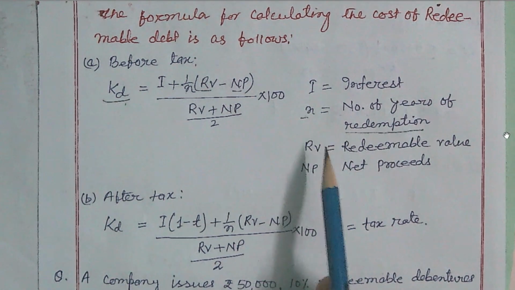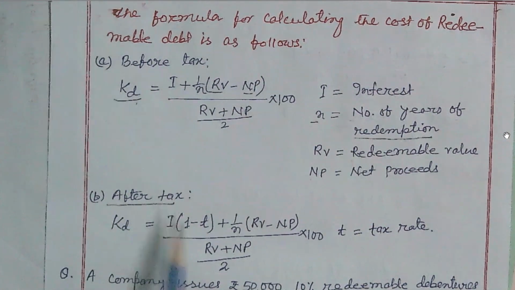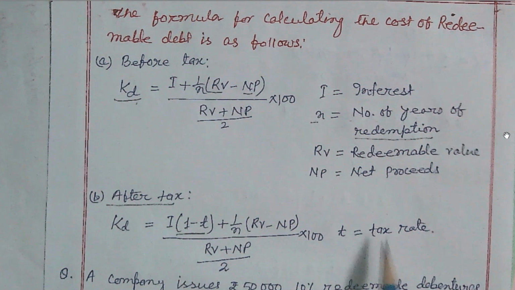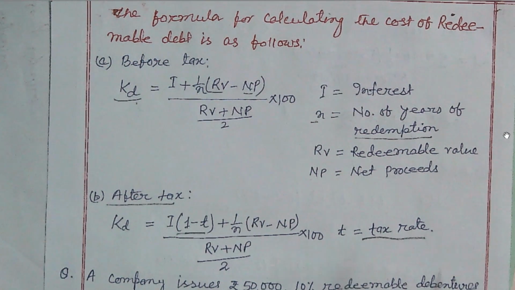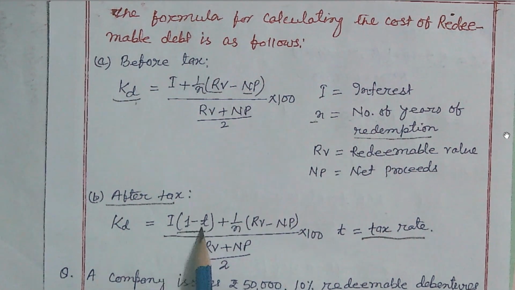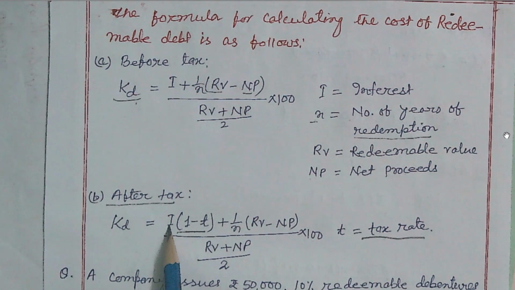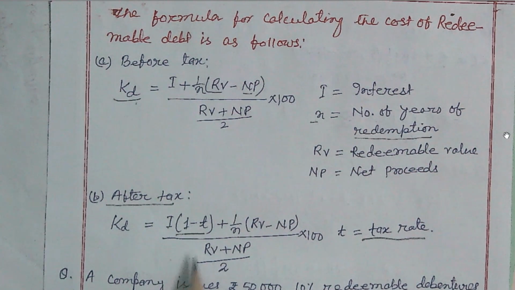This is the formula. And the difference between the before tax and after tax formula is 1 minus t, where t stands for rate of tax or tax rate. So if it is before tax, 1 minus t is not used. If it is after tax, then 1 minus t is used just after the interest amount, because interest is deductible.